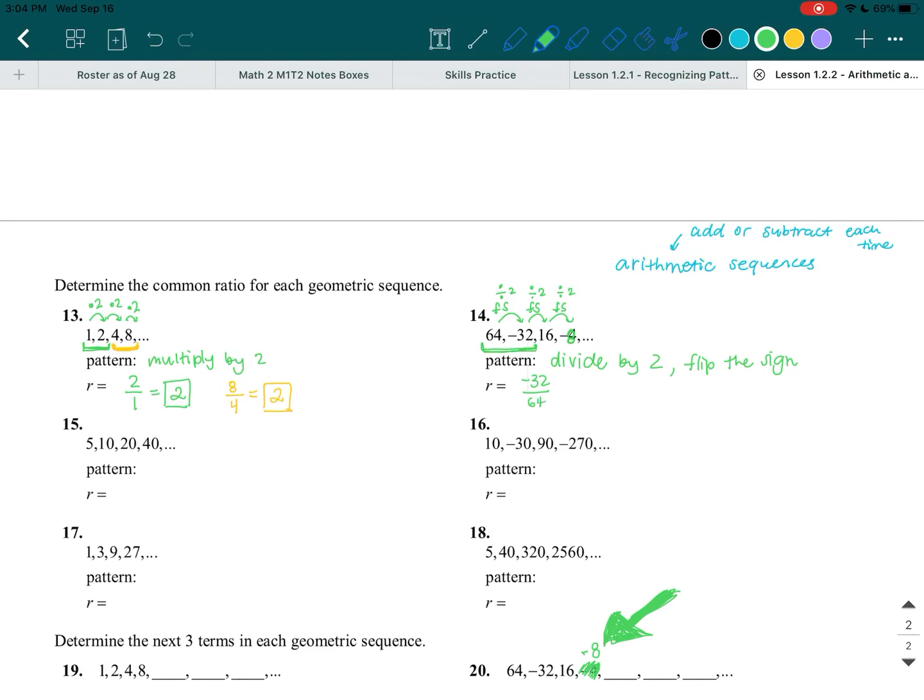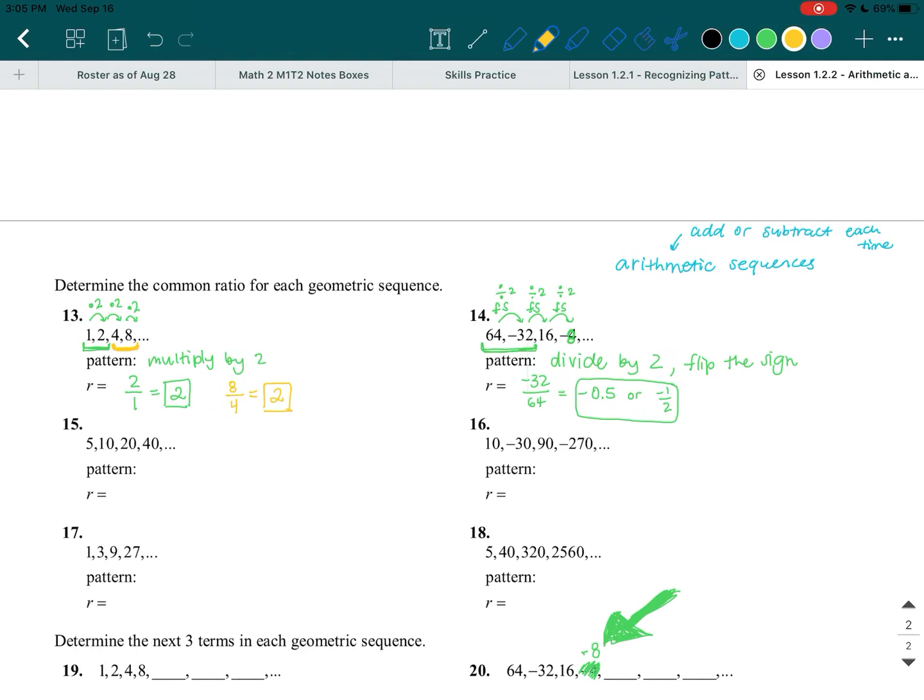Negative 32 divided by 64. And when you do this and you simplify it, you're going to get negative 0.5. In other words, negative 1/2. Okay? And so your common ratio is going to be negative 1/2.